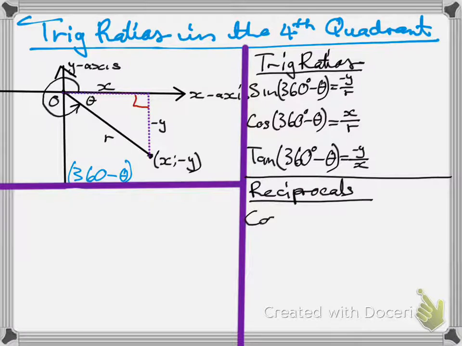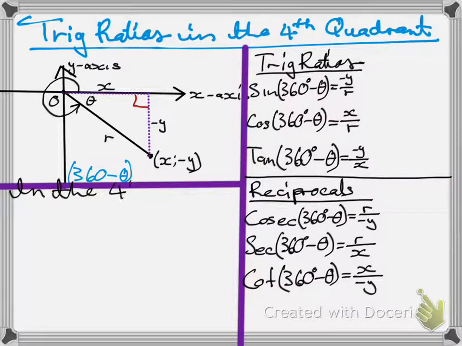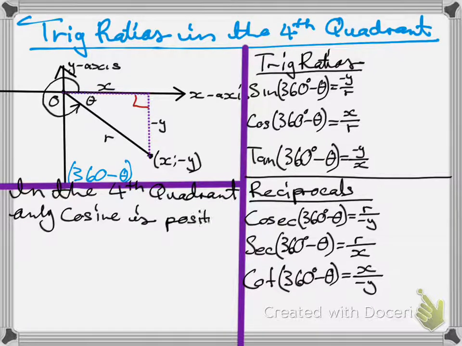The reciprocal of sine, which is cosec, is negative, and the reciprocal of cos, sec theta, is positive, and the reciprocal of tan theta, which is cot theta, is negative. So in the fourth quadrant, it's only cos which is positive. So in the fourth quadrant, only the cosine and its reciprocal is positive.